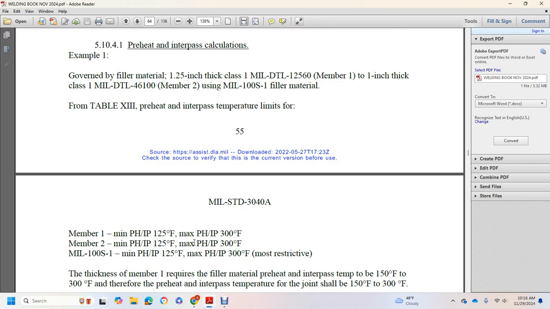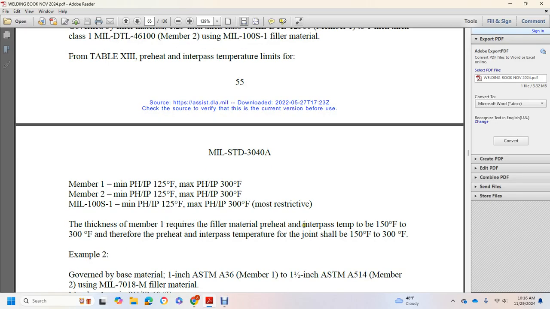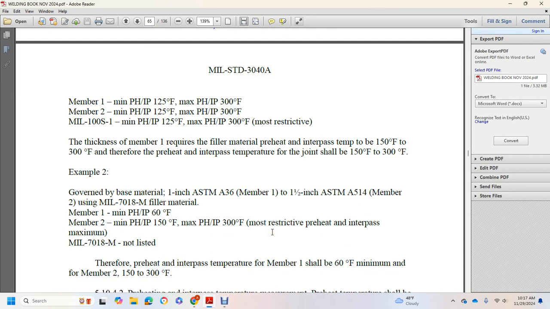Member 2 is 125 degrees Fahrenheit to a maximum of 300 degrees Fahrenheit. MIL-100S-1 is 125 maximum and 300. The most restrictive is the thickness of Member 1, which requires filler material preheat and interpass at 150 degrees to 300. Therefore, the preheat and interpass temperature for the joint should be 150 degrees to 300 degrees Fahrenheit.